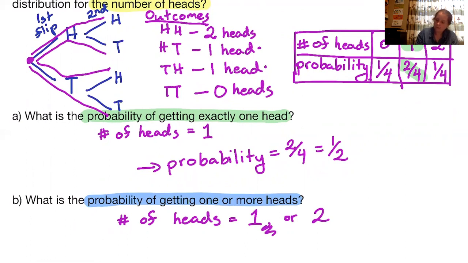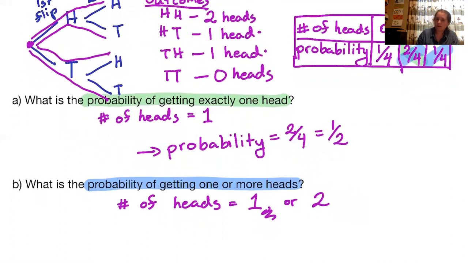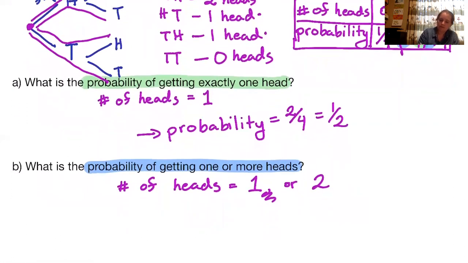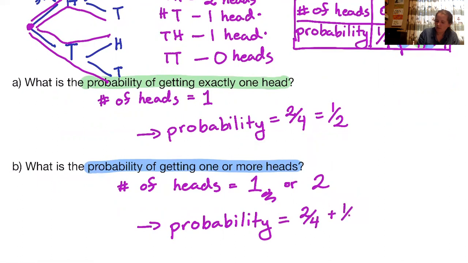So we could use our 1 or our 2. So we need to include both our 2/4 and our 1/4. So the way we can do this is we can just add them up. We have 2 ways this could happen. Either one works. We would just do 2/4 plus 1/4 or 3/4.